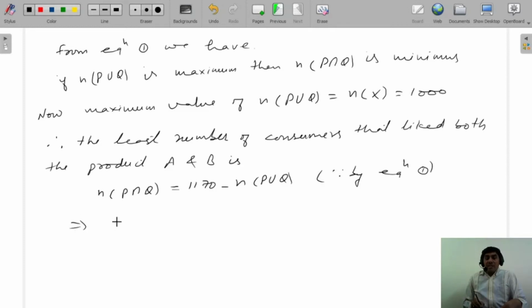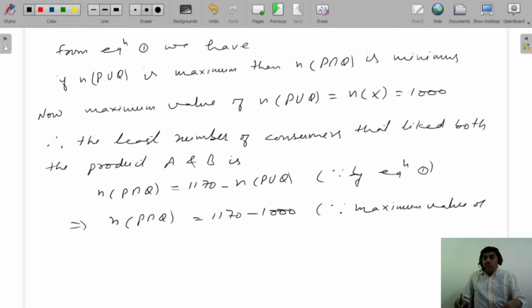This implies n of P intersection Q is equal to 1170 minus 1000, because the maximum value of n of P union Q is 1000, equal to n of X. This implies n of P intersection Q is equal to 170.